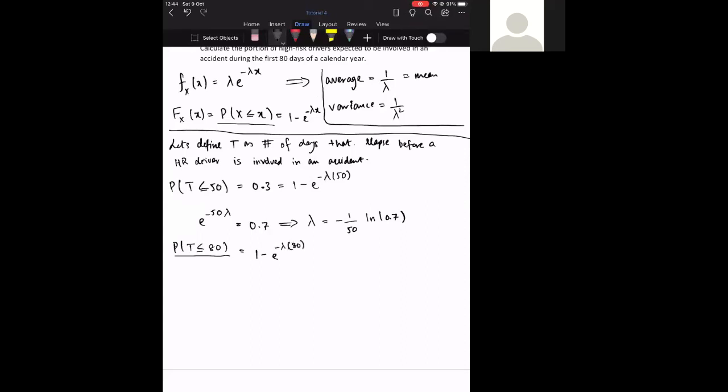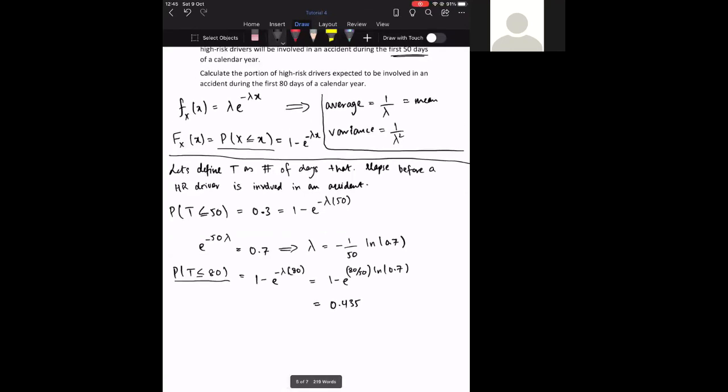We have lambda, and since lambda is already negative, the minus signs cancel, and we get 80 over 50 times ln of 0.7. This is equal to 0.434 that I calculated earlier.